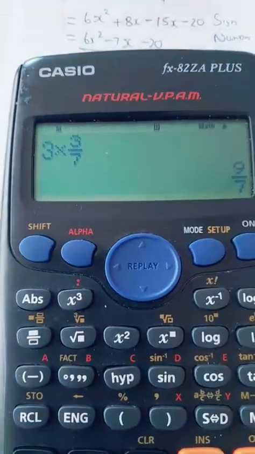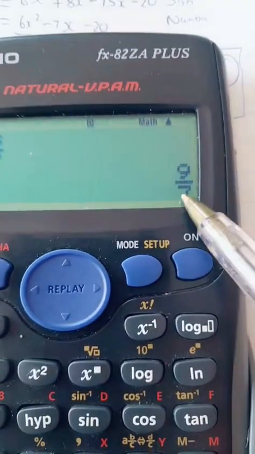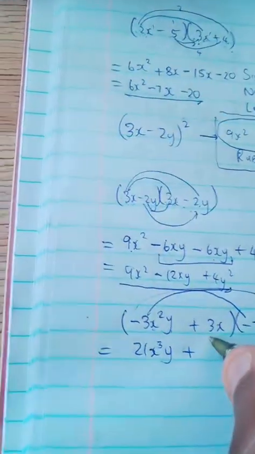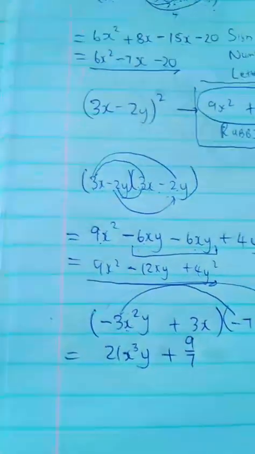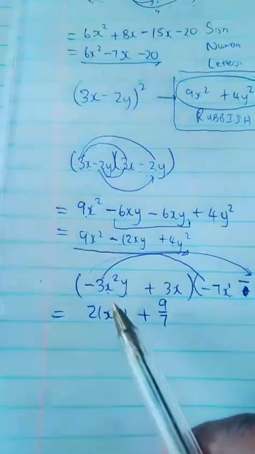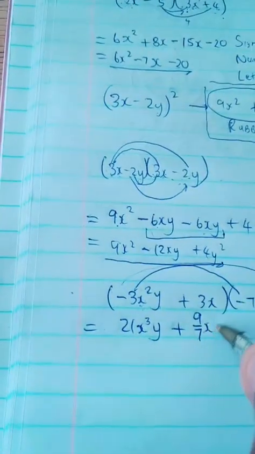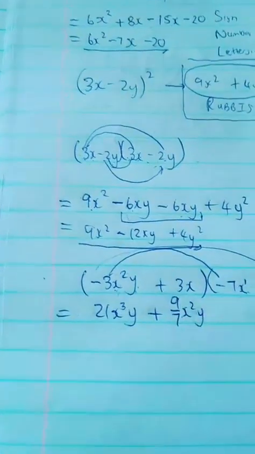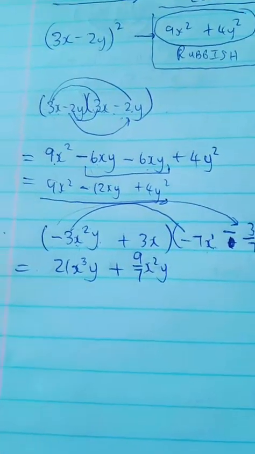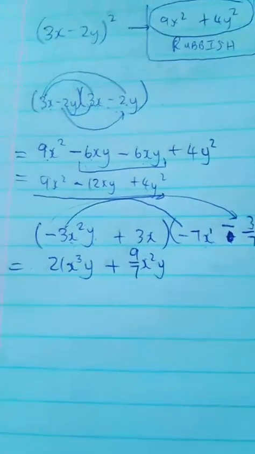Then we say equal. Then we get 9 over 7 as the answer for the fraction. So we write down 9 over 7. Right? Then the letters x squared y.